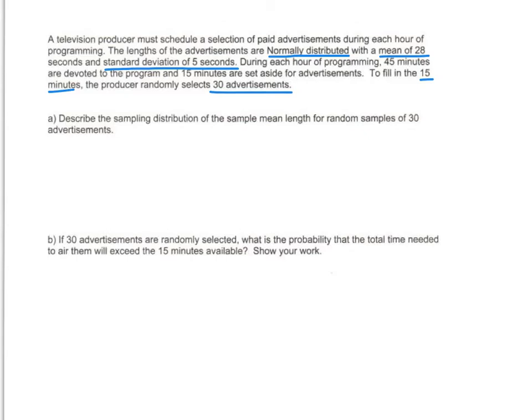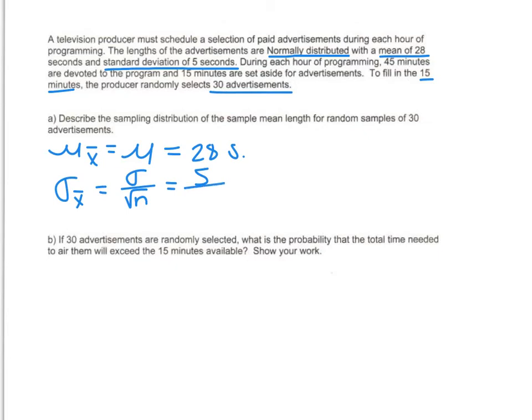Describe the sampling distribution of the sample mean length for random samples of 30 ads. So the sampling distribution should have a mean, x bar, which is equal to the mean of the population, which is 28 seconds. My standard deviation should be equal to the standard deviation over the square root of n. So that's 5 over the square root of 30.